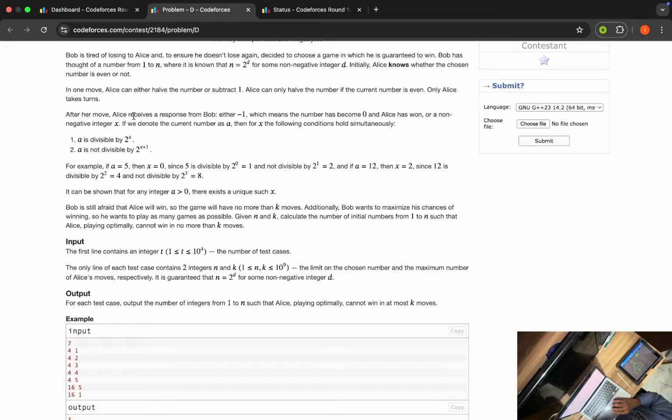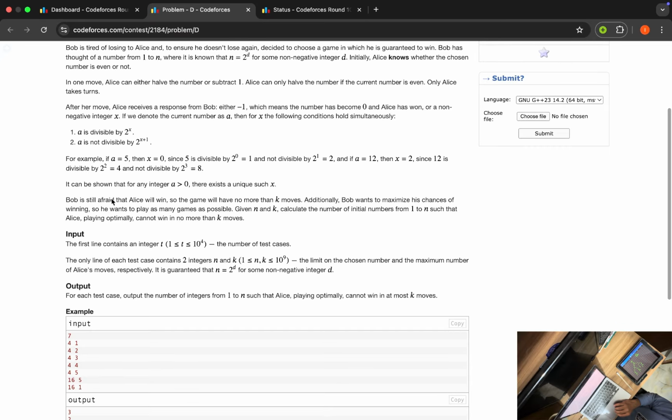After her move, Alice receives a response from Bob, either -1, which means the number has become 0 and Alice has won, or a non-negative integer x. If we denote the current number as a, then x satisfies: a is divisible by 2 to the power x, but not by 2 to the power x plus 1. For example, a equal to 5, got it.